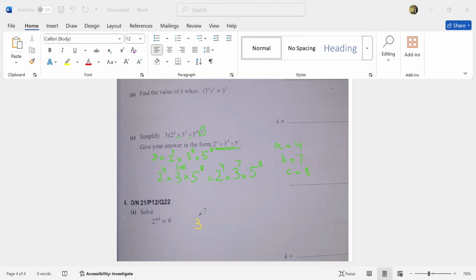So let it be 3 cube and let it be 3 square. This becomes 3 raised to the power 3k. This becomes 3 square. As bases are same, so we can equate the power. Means 3k is equal to 2. K is equal to 2 over 3. Thank you.